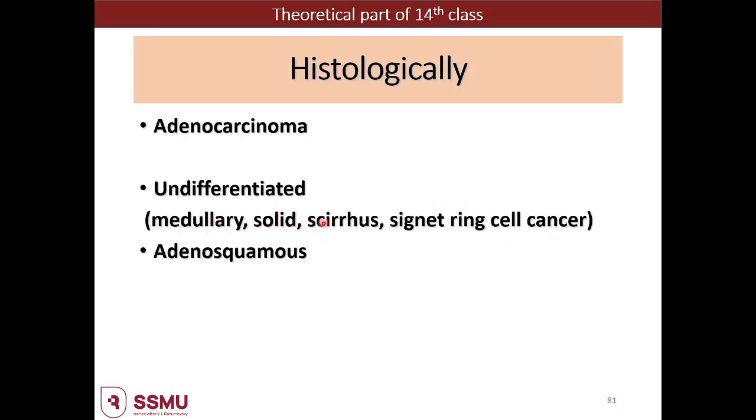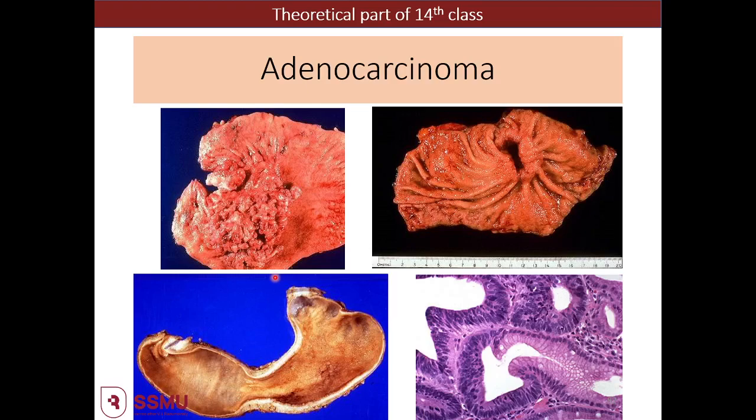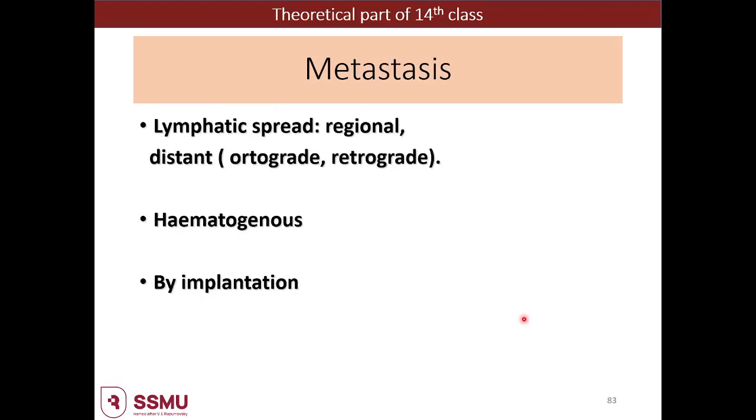You should review the lecture about tumors, and I hope it will be more understandable for you. Adenosquamous carcinoma is a really rare condition, I hope. Adenocarcinoma macroscopically may look like different conditions and have a lot of forms, but histologically it looks like this. We may see atypical cells and all signs of cellular and tissue atypism here.